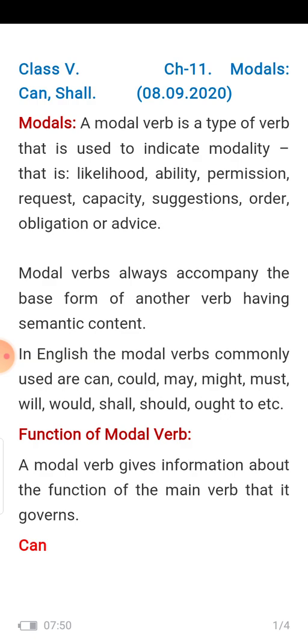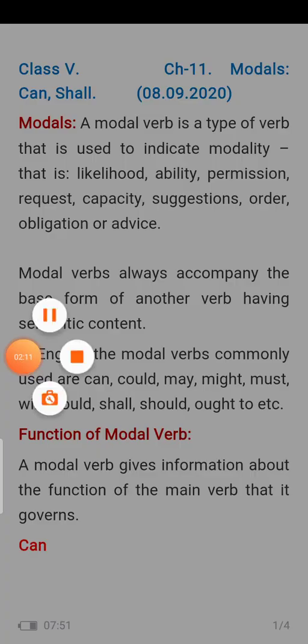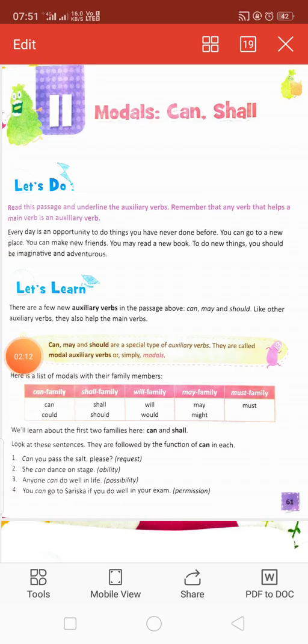Function of modal verb. A modal verb gives information about the function of the main verb that it governs. Today we will read the modal verbs, that is, there are a few new auxiliary verbs. The modal verbs are also called auxiliary verbs, but they are modals.